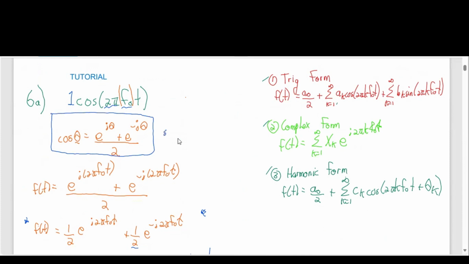To convert the sine, sine theta is equal to e to the j theta minus e to the minus j theta all over 2j. That's how we'll use it, but until we do harder questions, let's say one harmonic.